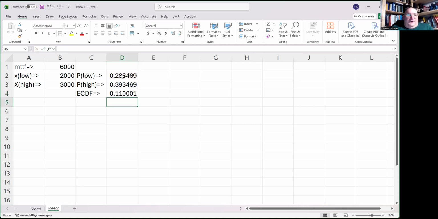So this is saying that approximately 11% of the time, a part is going to fail between 2,000 and 3,000 cycles. So what exactly are 2,000 and 3,000 cycles? It's just a way of trying to talk about some of the different things we can look at.